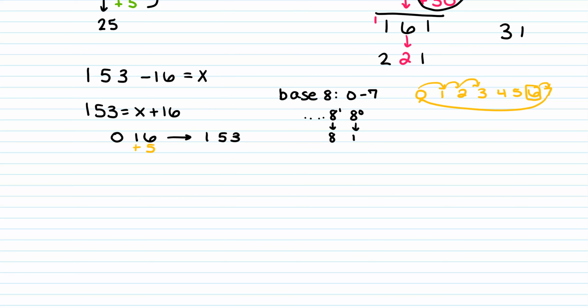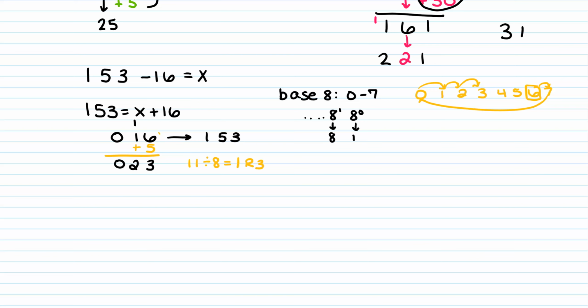But remember, 5 is allowed, but when we add these and we get 6 plus 5 makes 11, 11 is not allowed. So we're thinking 11 divided by 8 makes 1 remainder 3. So when I do this adding, the 3 will stay down and the 1 will come up. So now I'm at 0, 2, 3.